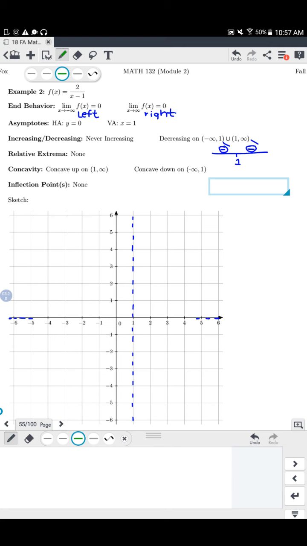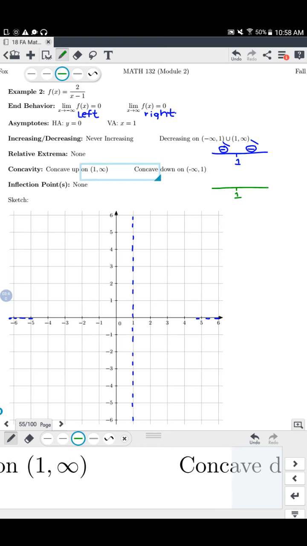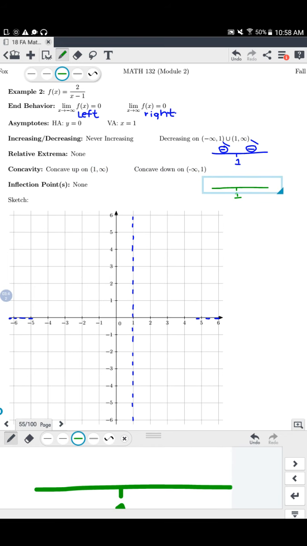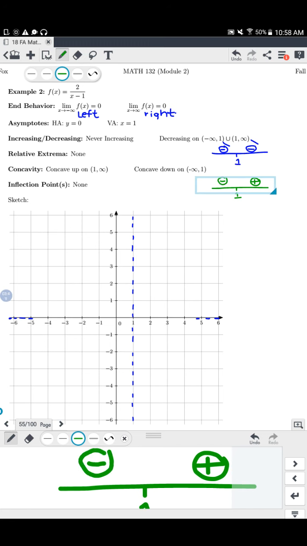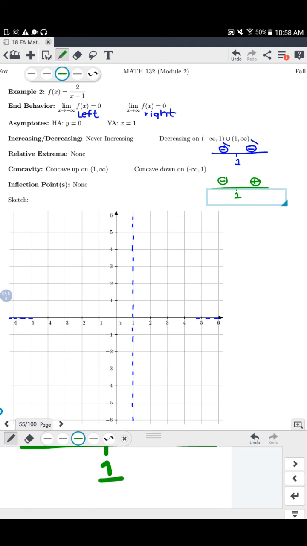So we're going to put another sign chart, but this green one is the second derivative. I'm going to put my possible point of inflection on here. No other number can go in here unless it's a possible point of inflection. And we're concave up from 1 to infinity, so it's after 1. We're concave up, so the second derivative is positive, and before 1, we're concave down. So we go from being concave down to concave up, and that does give us a point of inflection.